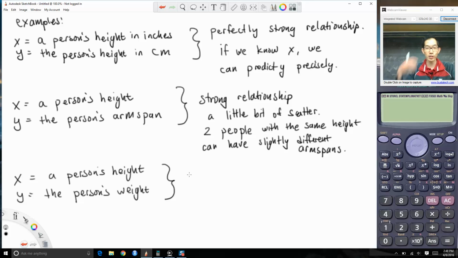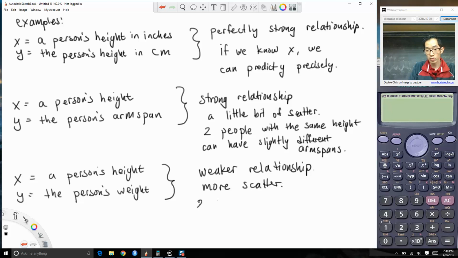If you have two people with the same height, they can vary quite drastically in terms of weight. So here we will have a weaker relationship. More scatter. Two people with the same height can have very different weights.